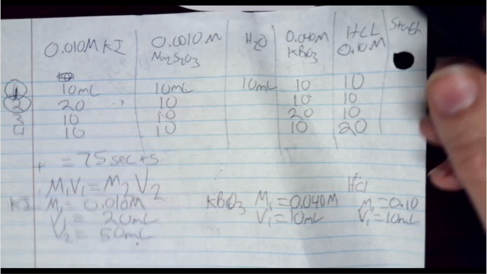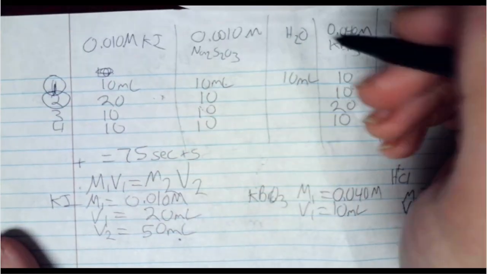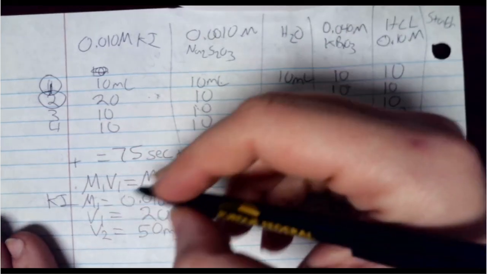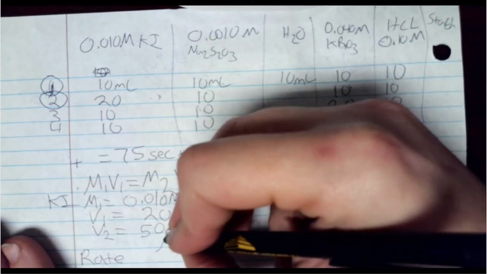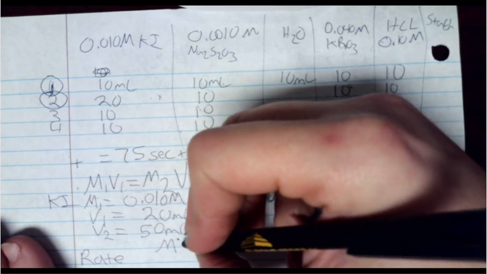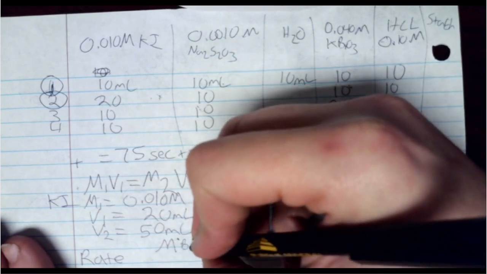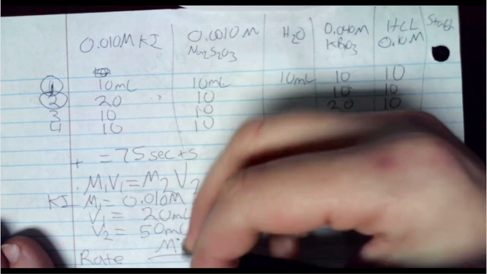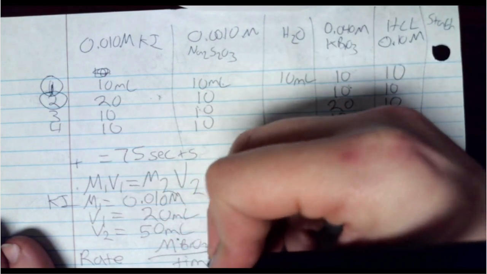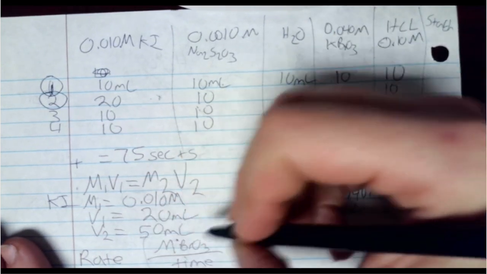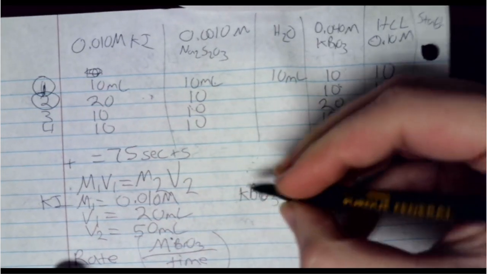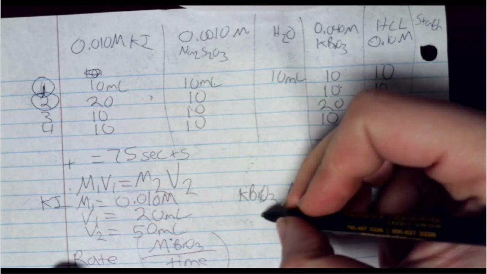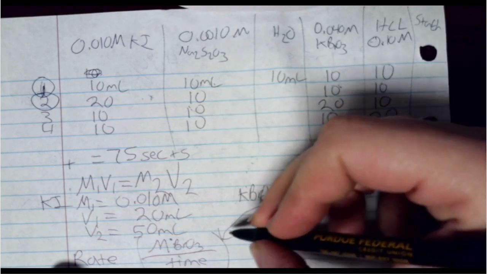Then the second part asks you to calculate the rate. The rate is just going to be the molarity of bromate divided by the time it took. You will have the molarity of bromate; the M2 for that is going to go there.